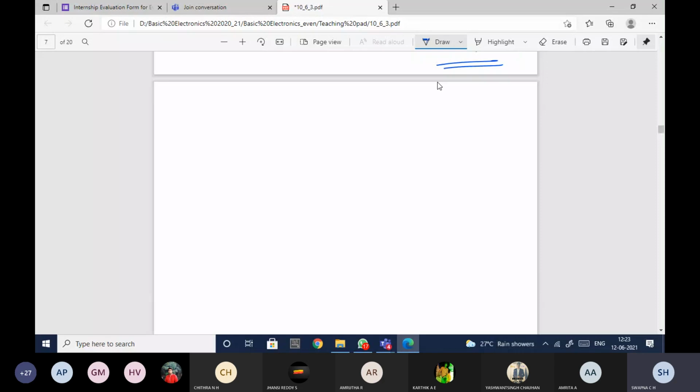Now we'll go with the next one, synchronous counter. Here the designing part will be a little different, because in a synchronous counter, as I've already mentioned, we will give clock pulse simultaneously to all the flip-flops.